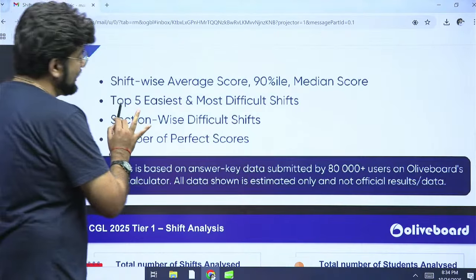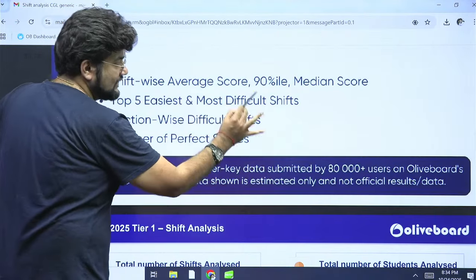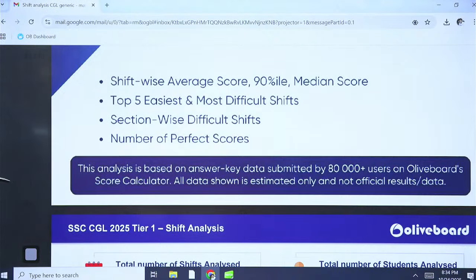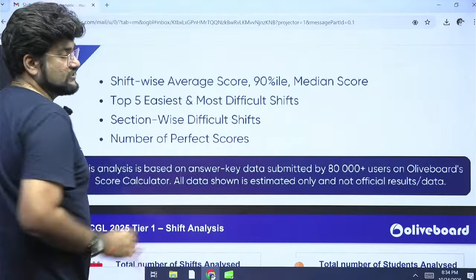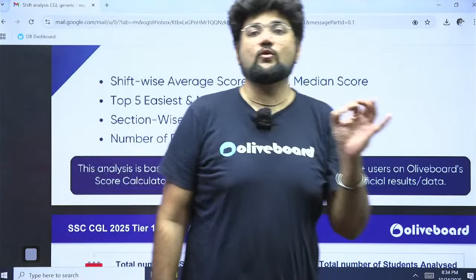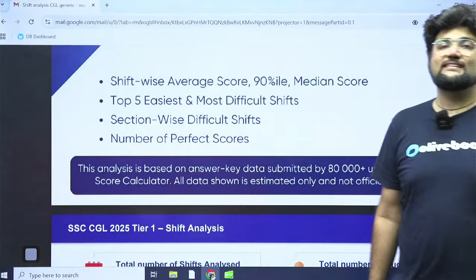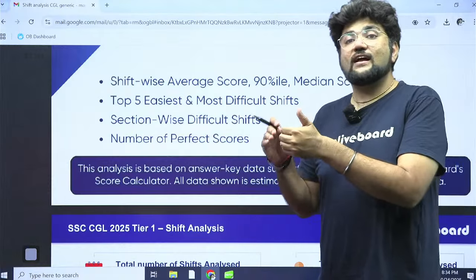You will be able to analyze the top 5 easiest and difficult shifts in SSC CGL Tier 1. We will be able to see section wise difficult shifts. So even subject wise we'll be able to understand which shift is actually easy, which shift is actually difficult as far as the subject is concerned.